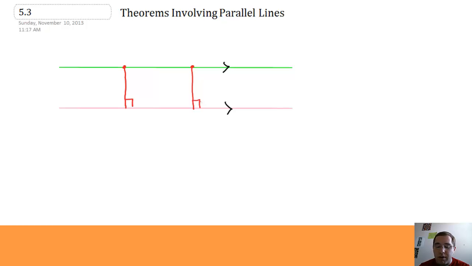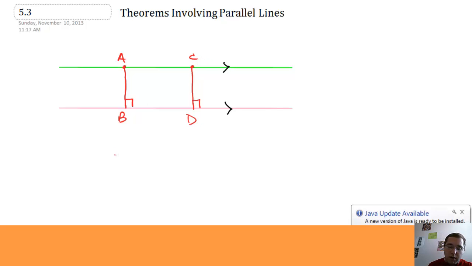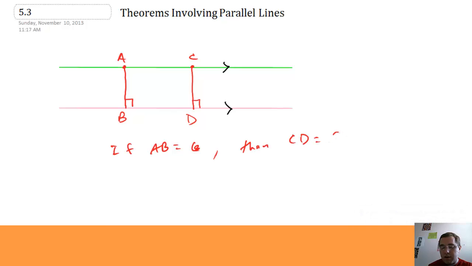That's not allowed if they're parallel lines. They can't intersect. So that distance needs to be the same every time. So if I call this point A, then B, then C, and then D, if I know AB equals 6, then CD equals 6. They have to be the same.